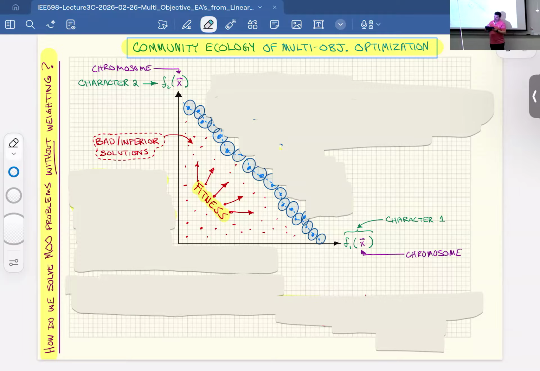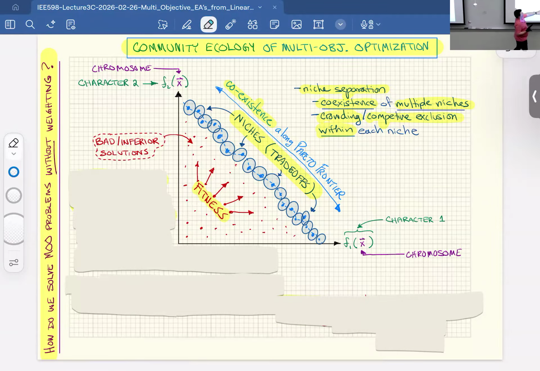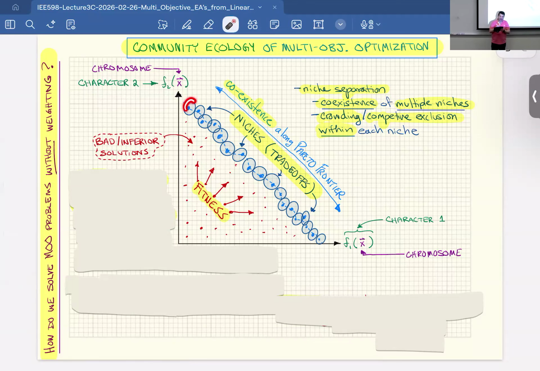And then once I'm on that Pareto frontier, I want something which encourages coexistence along the frontier in these little niches. And those niches are those individual trade-offs. So that coexistence is going to basically make it so that I want crowding out. I don't want lots of solutions all here.